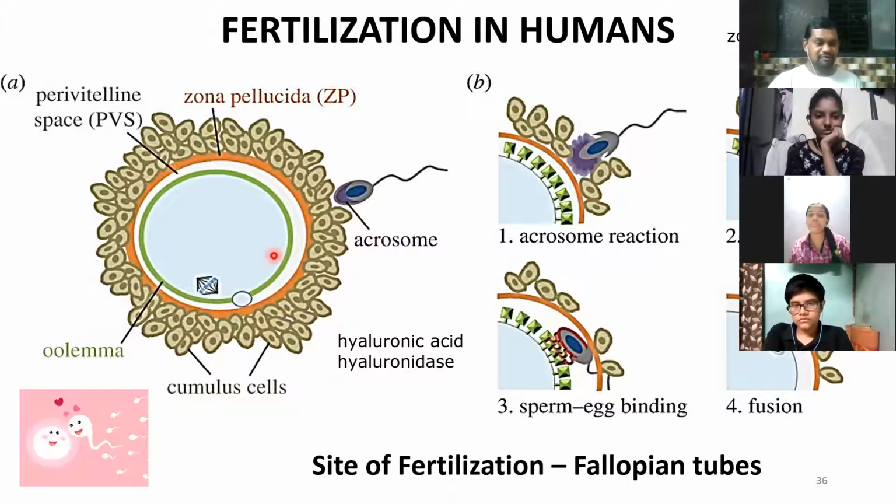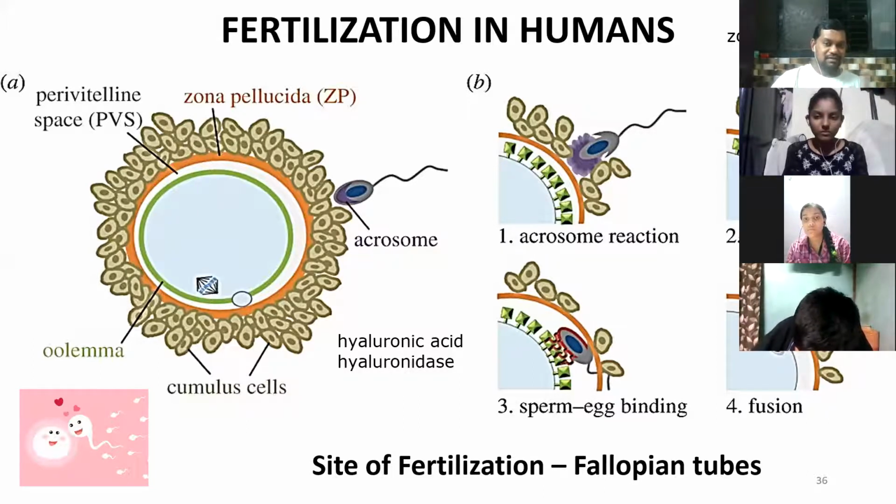Okay, secondary oocyte जो पहले था, as soon as one of the sperms enters the zona pellucida, it will undergo one more division and then it is now called the ovum. Okay, so zona pellucida पार हो गया, two layers are crossed.